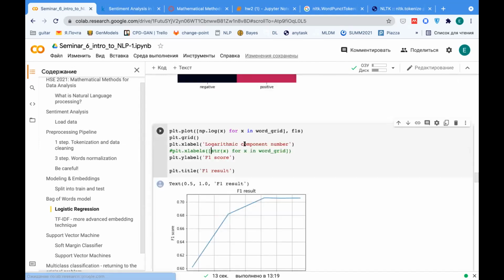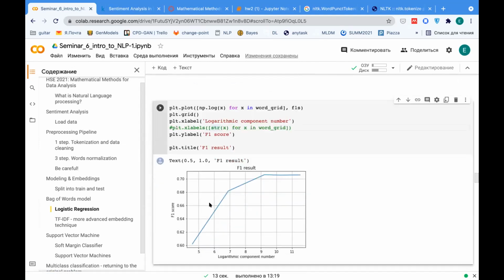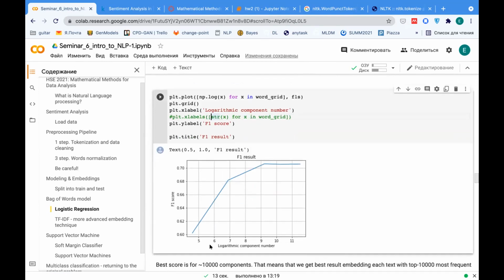If we plot our results, with the logarithm of the number of words, you can see that firstly our metrics get much better, and then they don't.